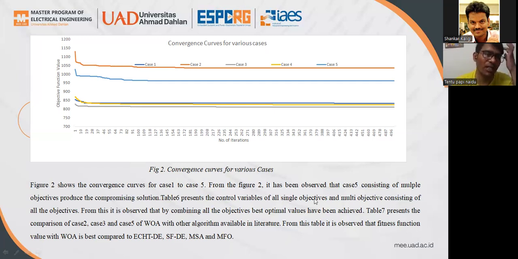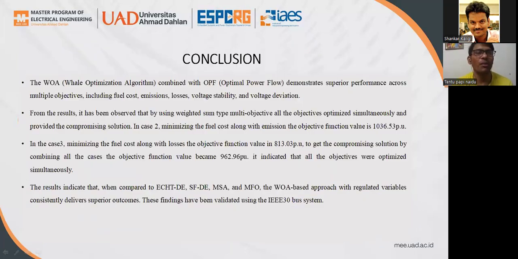Finally, the conclusion: the Whale optimization algorithm combined with optimal power flow demonstrates superior performance for multi-objectives, including fuel cost, emissions, losses, voltage stability, and voltage deviations. Using the weighted sum multi-objective approach, all the objectives were optimized simultaneously and provided the compromising solution.